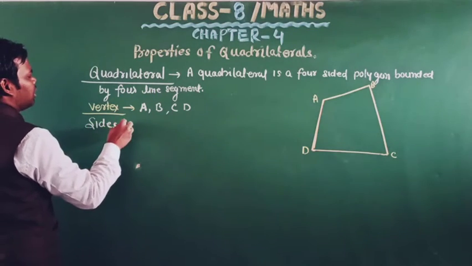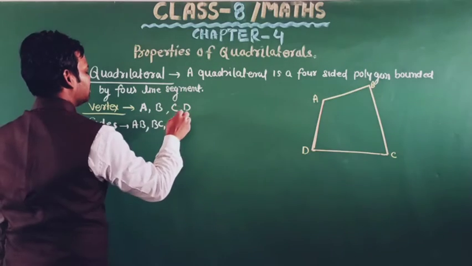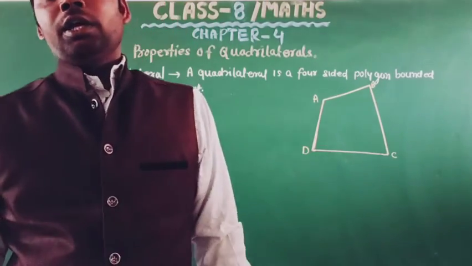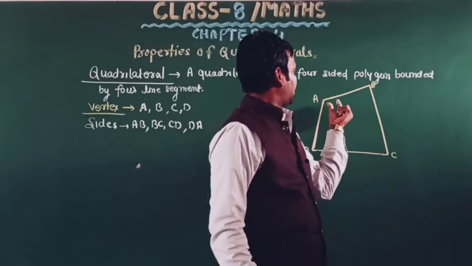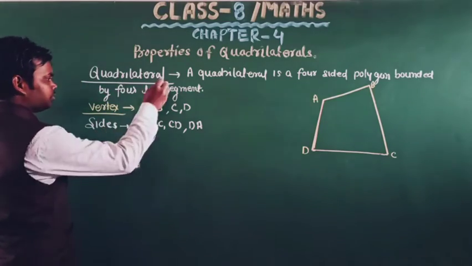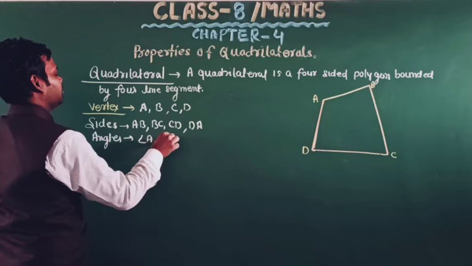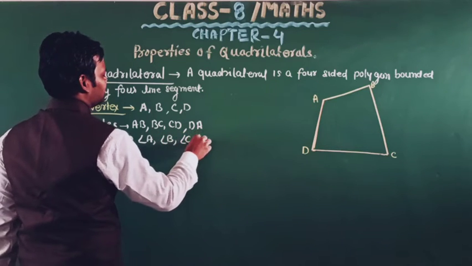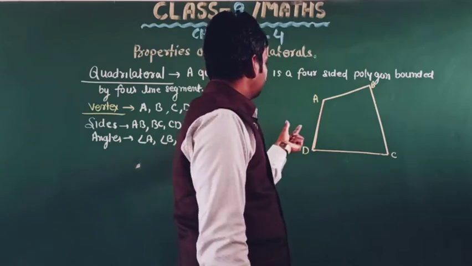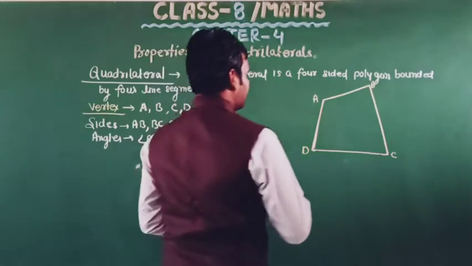And angle A, angle B, angle C and angle D are the interior angles of the quadrilateral.